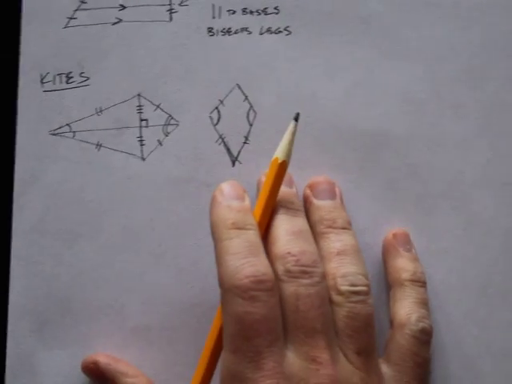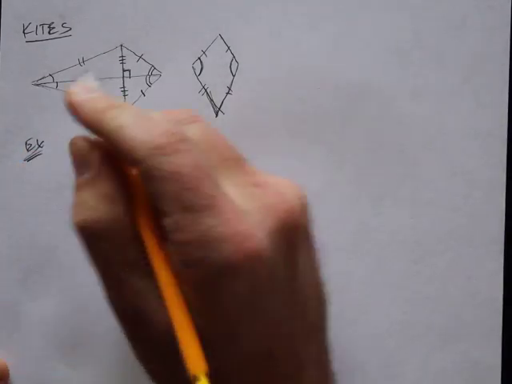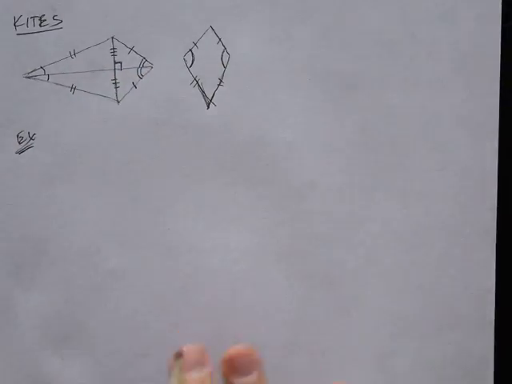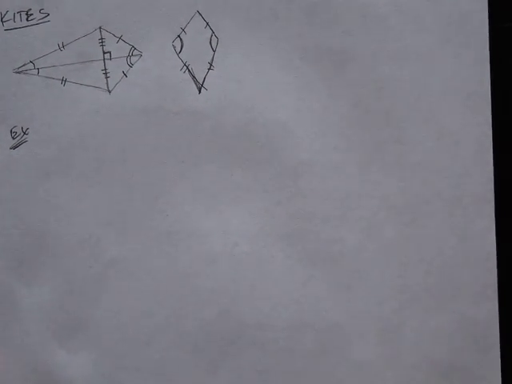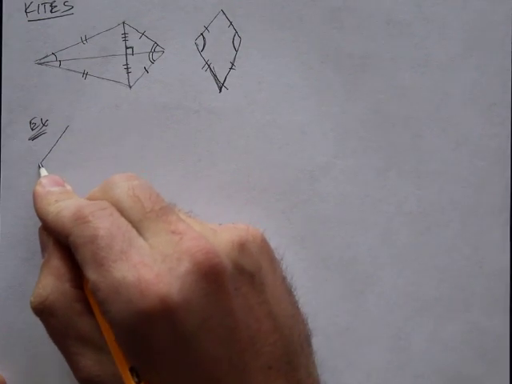Now, let's do some examples. I have a kite.